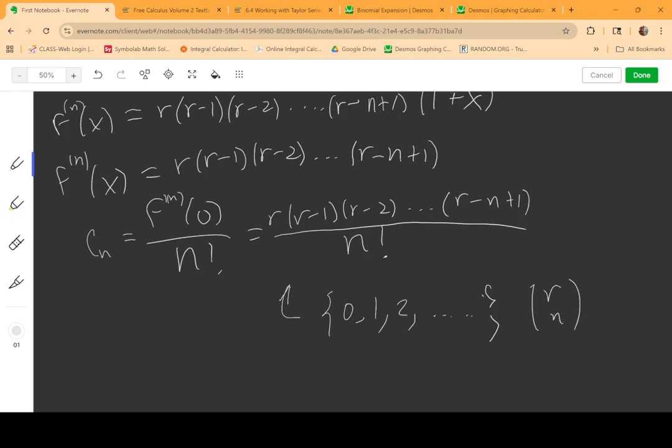But we wrote it like this because written like this, it includes any real number. I can do this operation here.